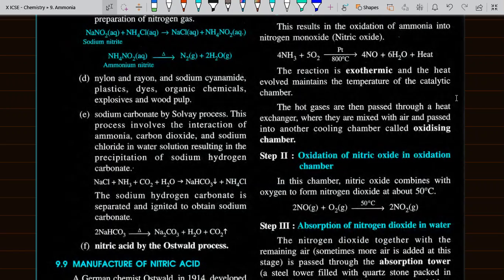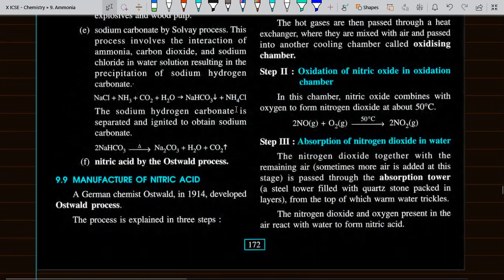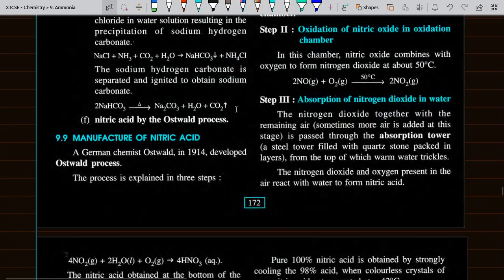So sodium chloride plus ammonia plus carbon dioxide plus water gives sodium hydrogen carbonate plus NH4Cl. The sodium hydrogen carbonate is separated and ignited to obtain sodium carbonate. And lastly, ammonia is used for preparation of nitric acid by Ostwald's process.